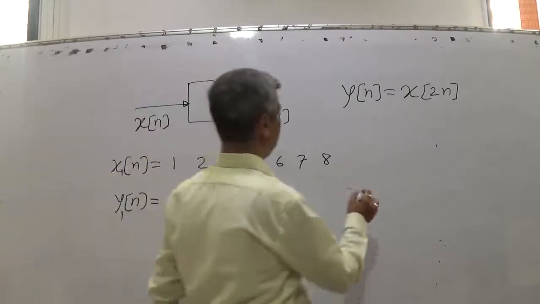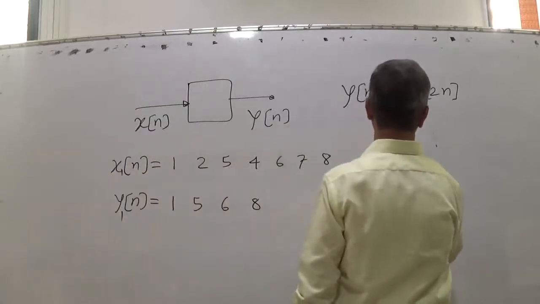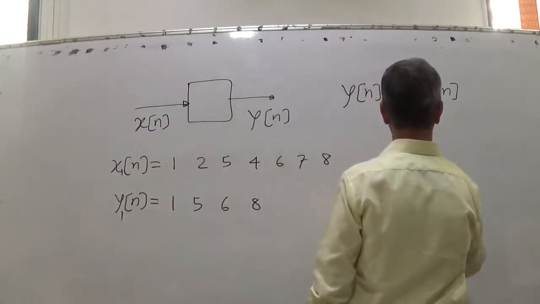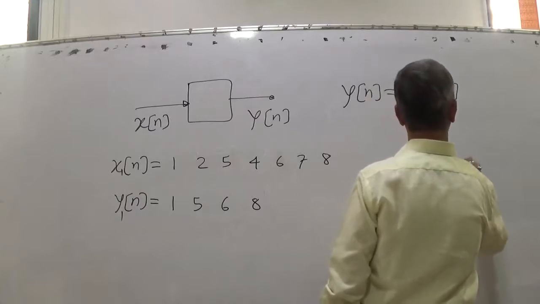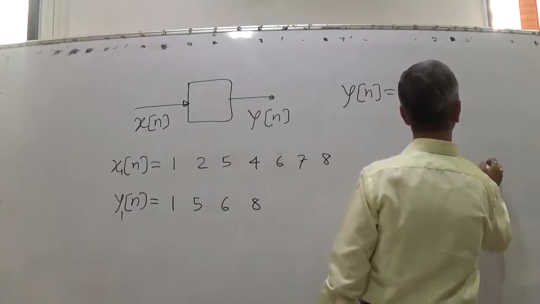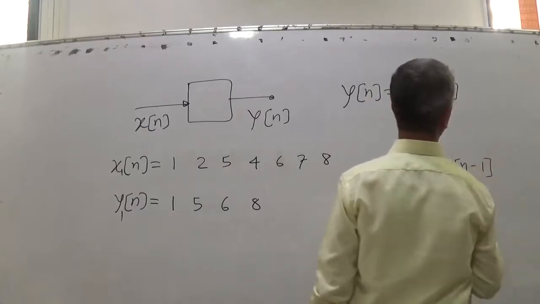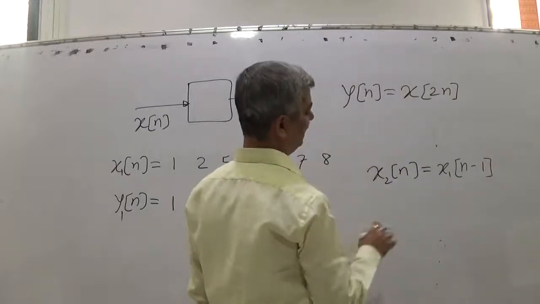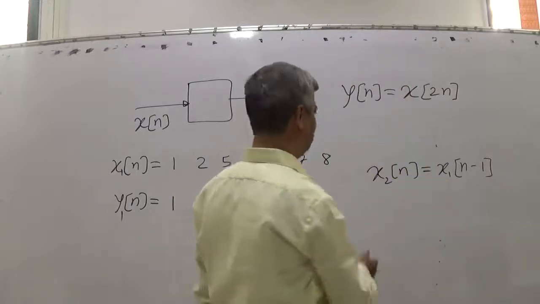Now generate another sequence x2[n] by shifting, let it be x1[n-1], or n+1, either you can consider.